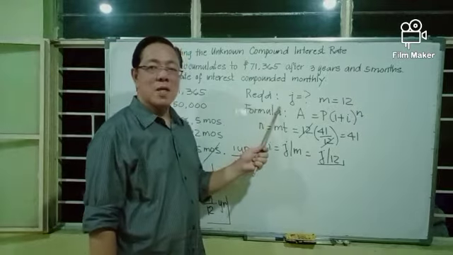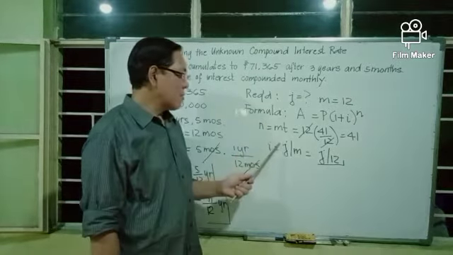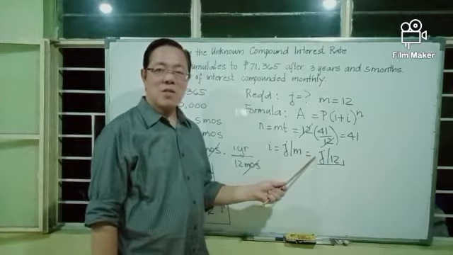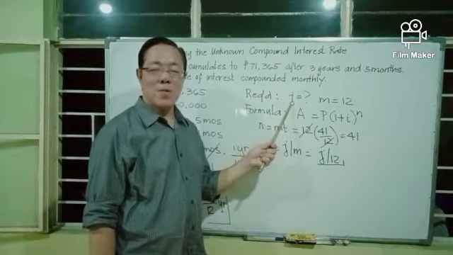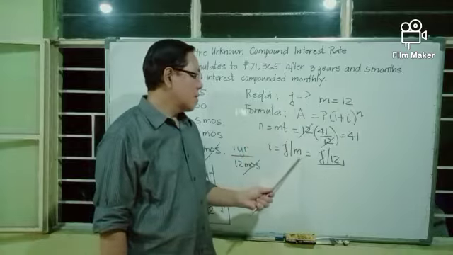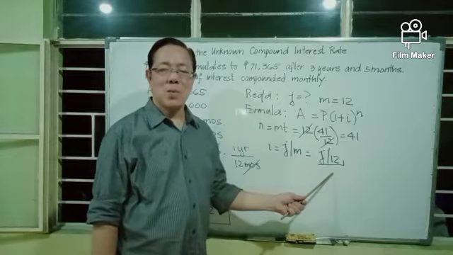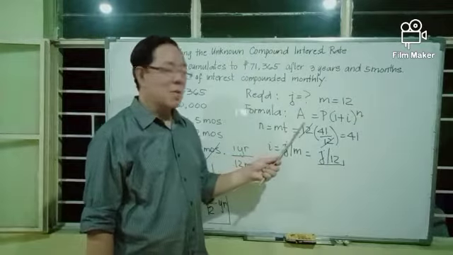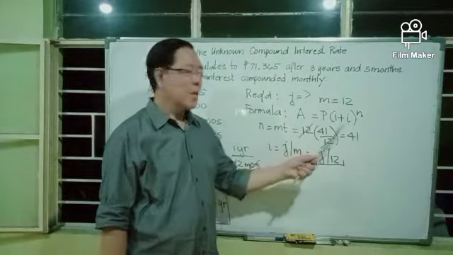In this example, the interest rate per month is given by j over m. We write j because j is what we want to find in this problem, divided by m, and m is 12. Now we are ready to substitute all the given into this formula.